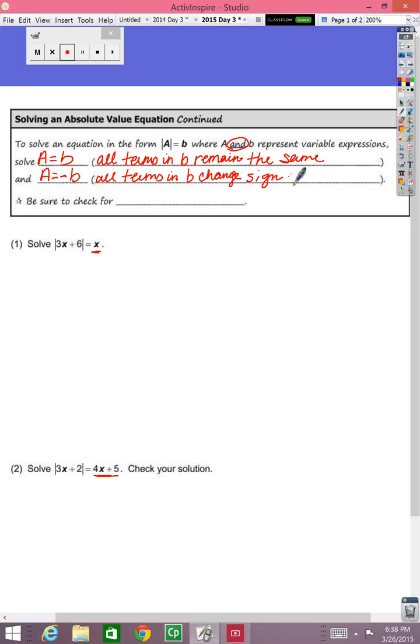And as before, be sure to check for extraneous solutions. Even when it doesn't say to check, you still should be looking for extraneous solutions.